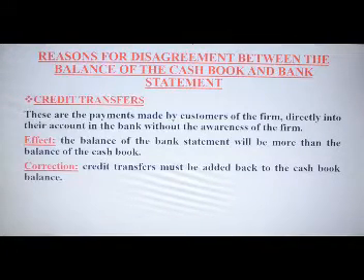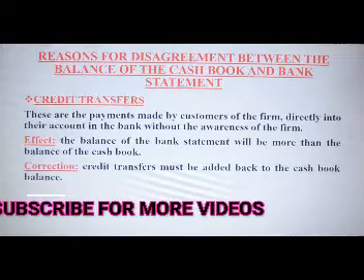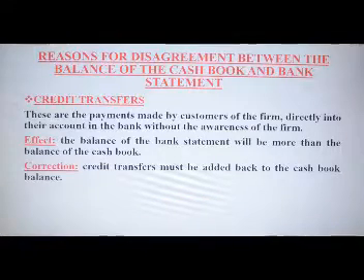Debtors pay directly into the business's account without necessarily informing the business that they made such payments. So these payments were made and the bank received them and has credited the business, but the business, being not aware, has not yet debited their cash book.